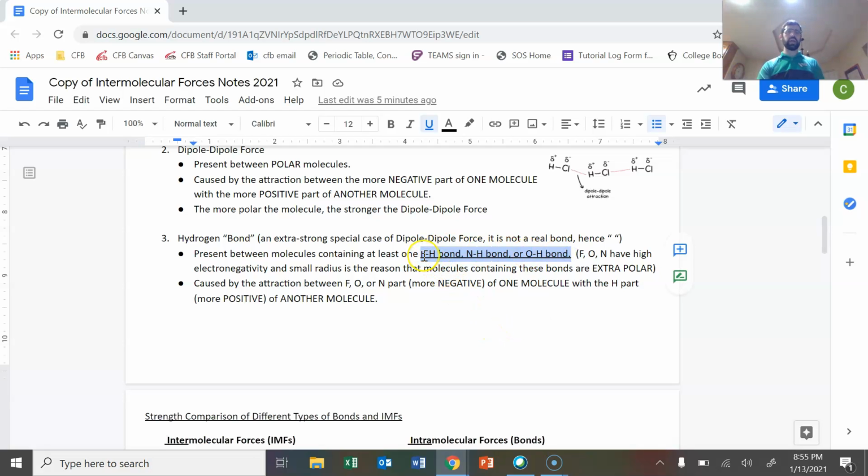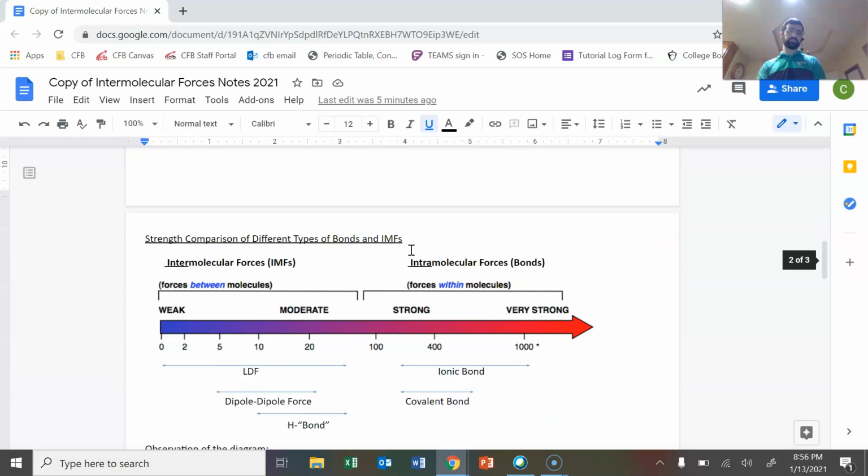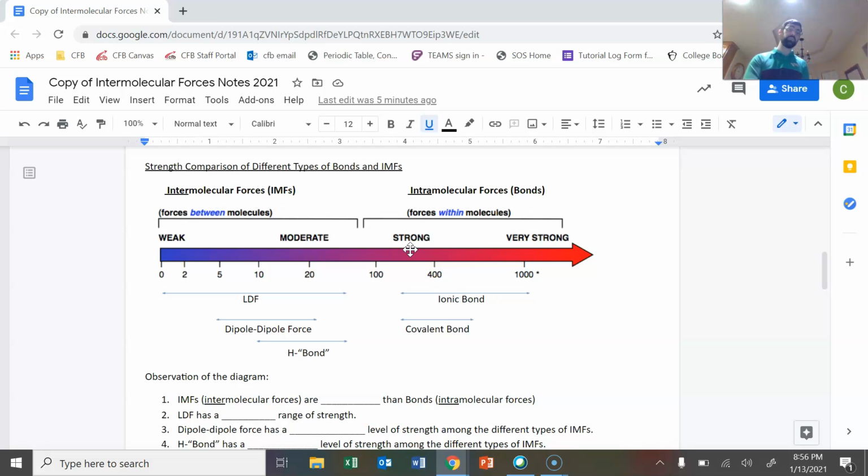So you'll have to remember, FH, NH, and OH bonds are the only ones that can form hydrogen bonds. And remember, it's not a real bond. I mentioned that up here. It's not an intramolecular force. This is an IMF. So we put quotes around it because it's not technically a bond like a covalent bond. We've got some strength comparisons here.